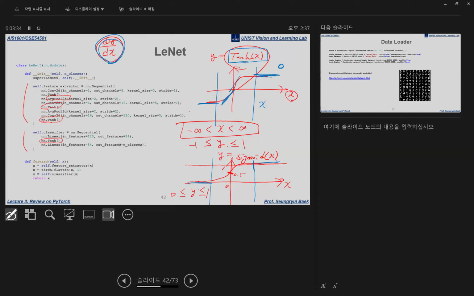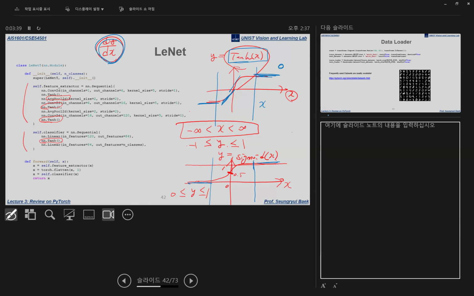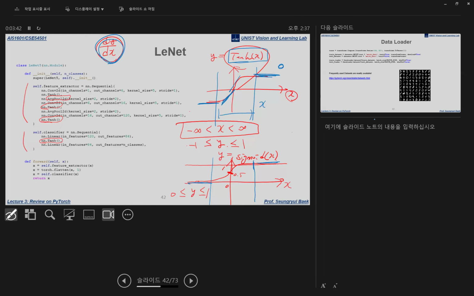Because of this, when the outputs of deep neural networks become bigger or smaller, the subsequent modules suffer from getting a sufficient amount of gradient, because the slope goes close to 0. Both the hyperbolic tangent and sigmoid show this phenomenon.